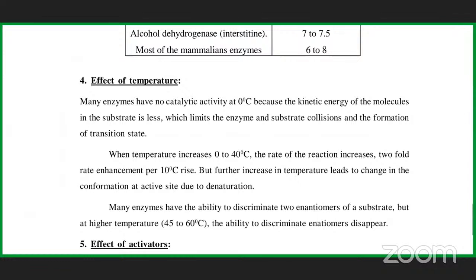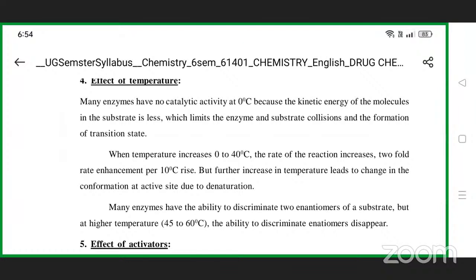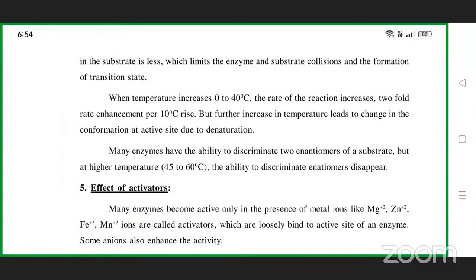At a higher temperature the enzyme cannot survive or exist. That's why the enzyme activity, the rate of the reaction, is maximum at 40 degrees, and beyond that the rate of reaction decreases.